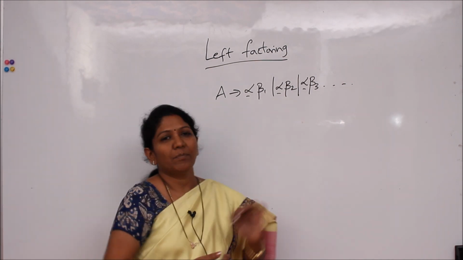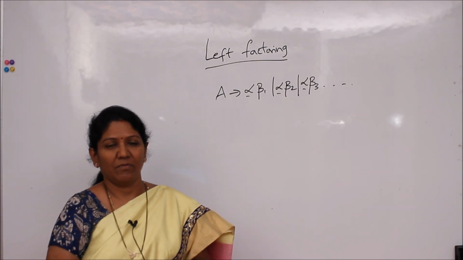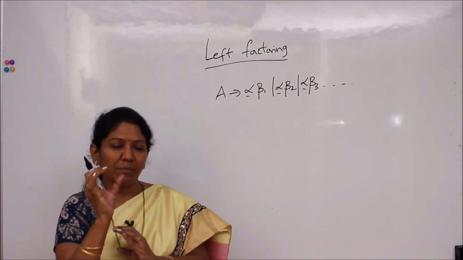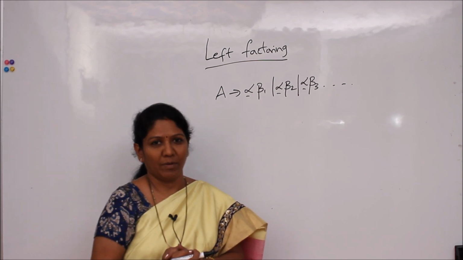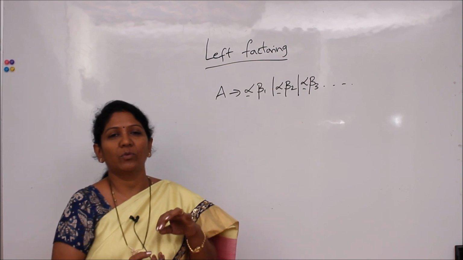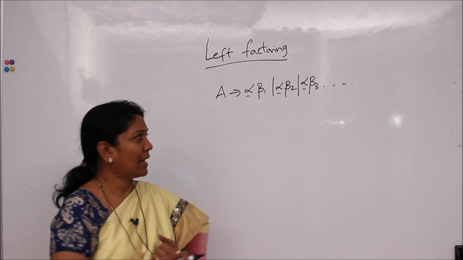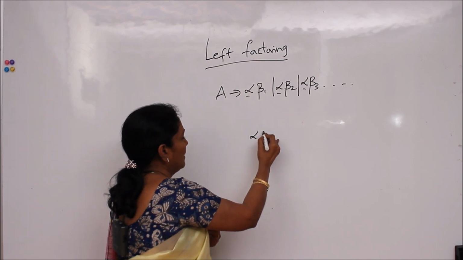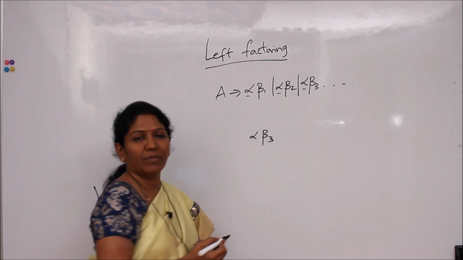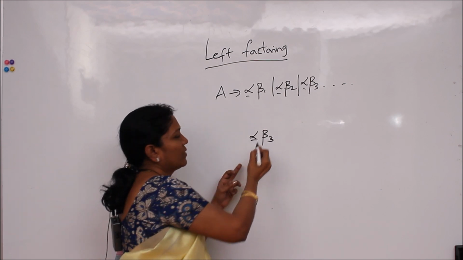So what is the problem with such a common prefix? Suppose when you have to derive any sentence out of such a grammar, for example, if I have to derive alpha beta 3, the parser initially looks at alpha.